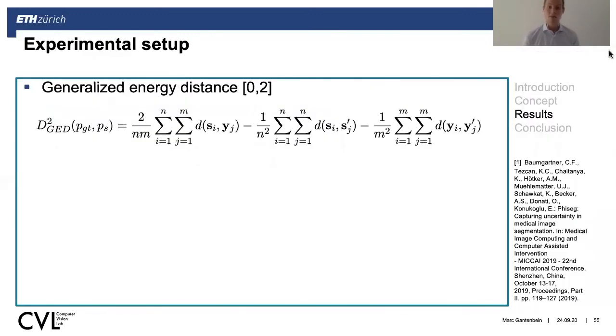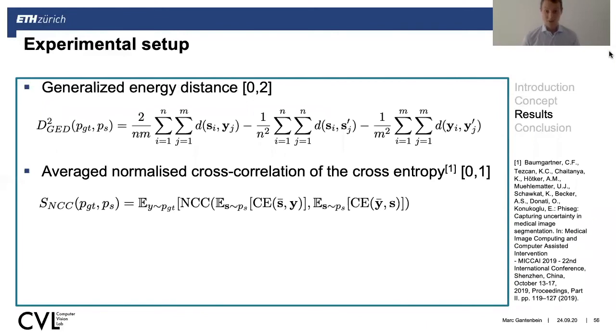The metrics we evaluated were the generalized energy distance. It yields a single number to quantify the distance between the 2 probability distributions. So it's a number for the sample quality. How good are the samples? How similar are they to the ground truth samples? Then the average normalized cross correlation.